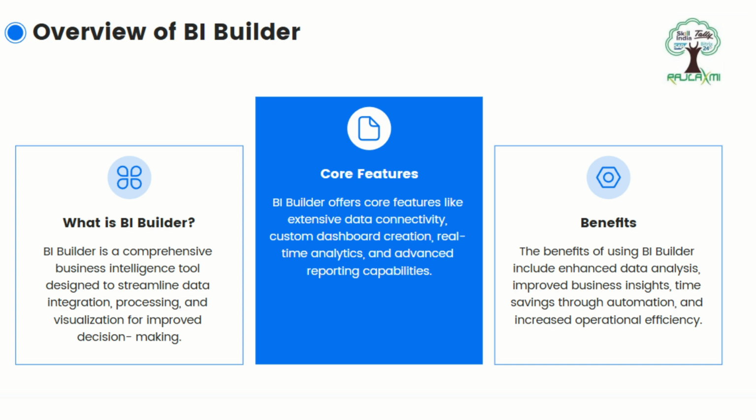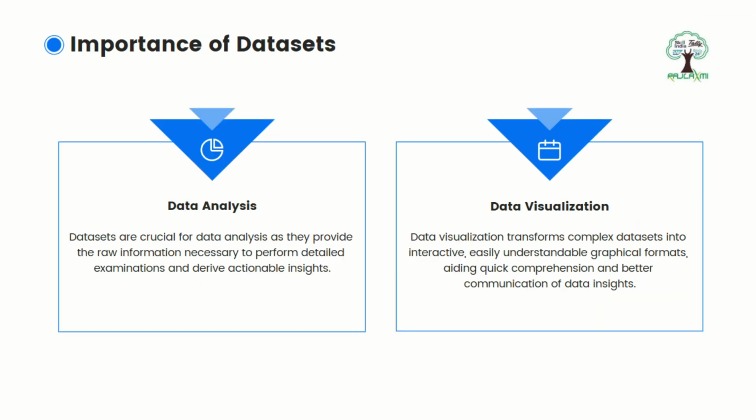Today, we are focusing more on datasets. What are datasets? Datasets, in the context of Bitrix, refer to a structured collection of data that can be used for reporting, analytics, or integration purposes.